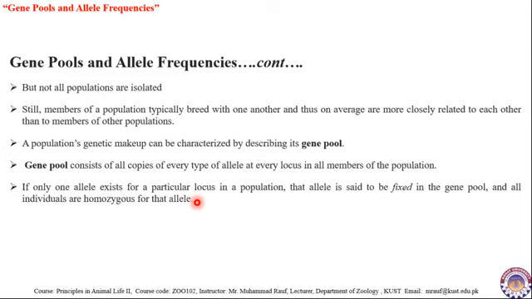And usually a fixed allele is one which is present in every member of a population. So when an allele becomes part of the genetic composition of every member of a population, we say that this allele has got fixed in that population.